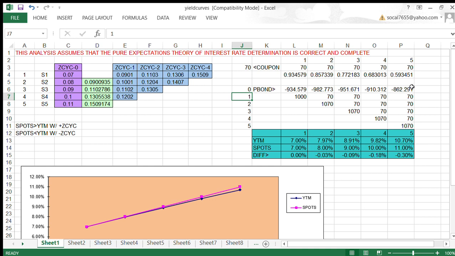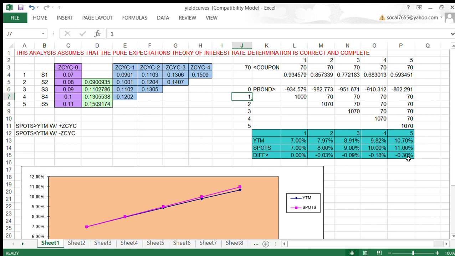Jump out here to, assuming a 5-period maturity coupon bond with a coupon rate of 7%, a coupon of 70, we see that the price would be $862.29. And if this is our cash flow stream, this is date 0, date 1, date 2, date 3, date 4, and date 5, then the yield to maturity, which is the plug number that we could use as a single discount rate applied to all of these cash flows, would be 0.107, 10.7%.